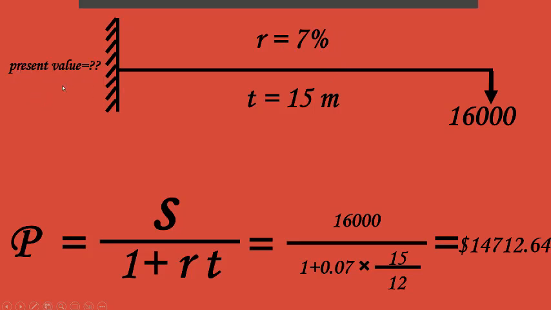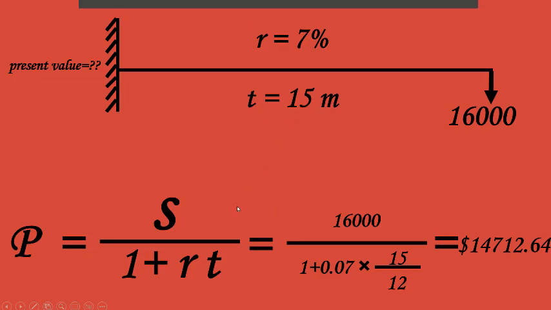The equation, the present value equal to S over 1 plus RT. From the timeline, S equals $16,000, R equal 7%, and T equal 15 months.